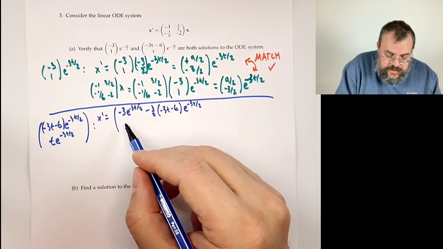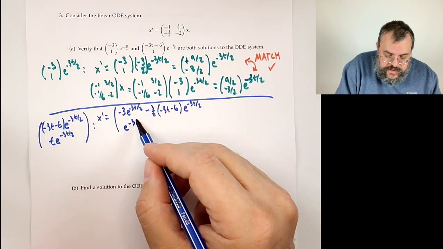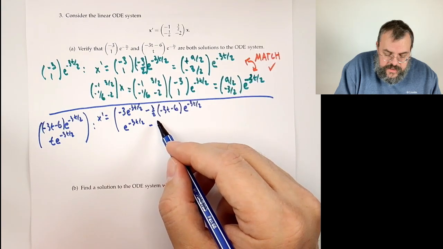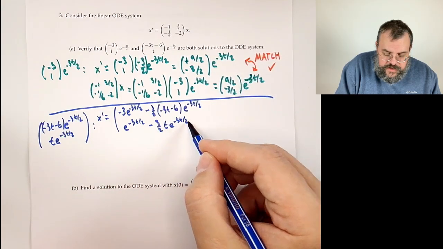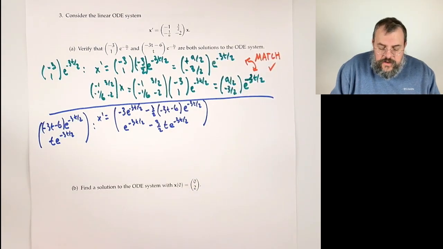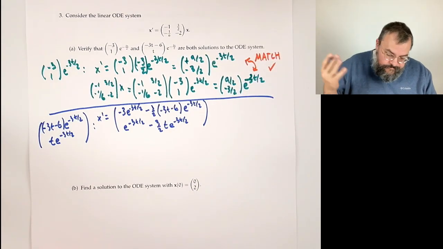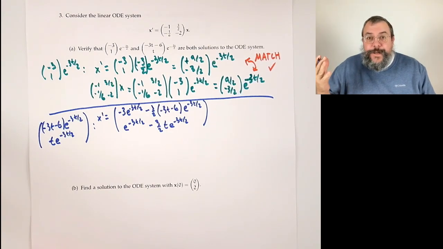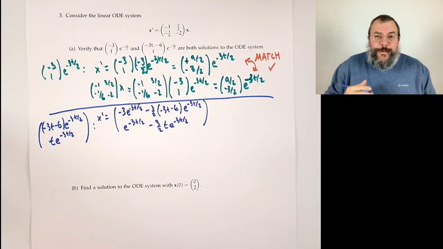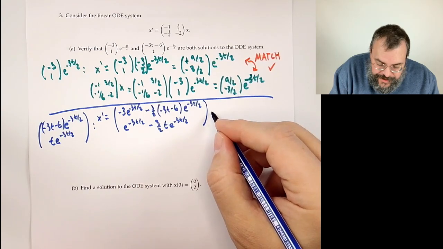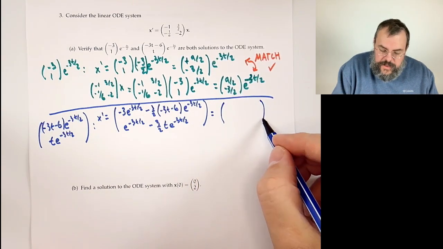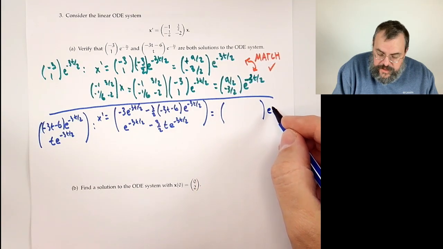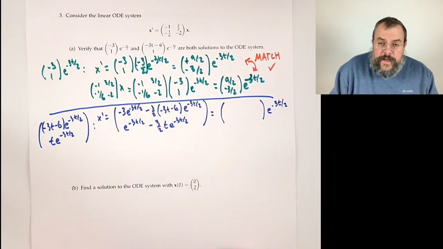And then down here, product rule: e to the minus 3t over 2 minus 3 over 2 t e to the minus 3t over 2. Now I can pull the e to the minus 3t over 2 out. All right, so I'll do that.